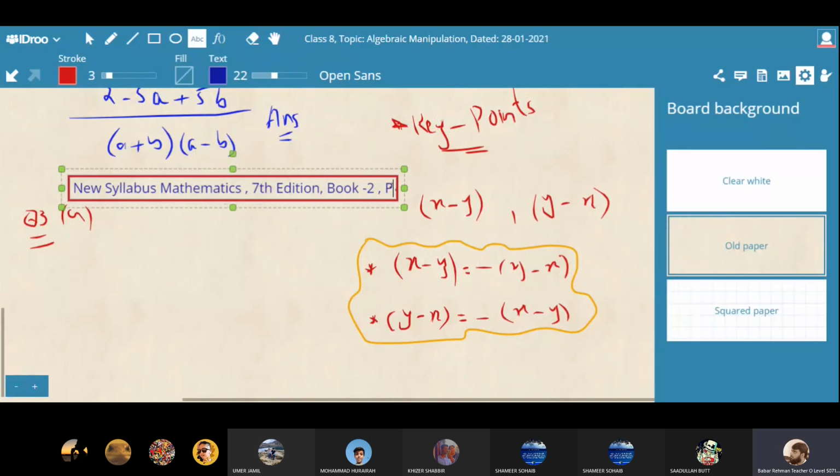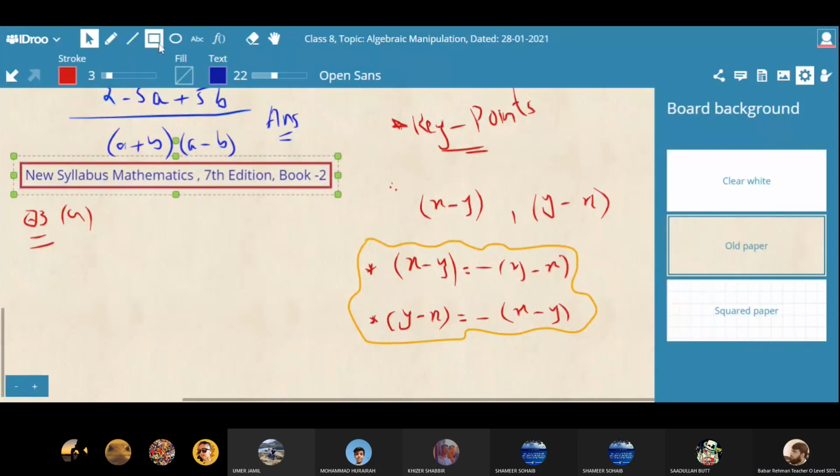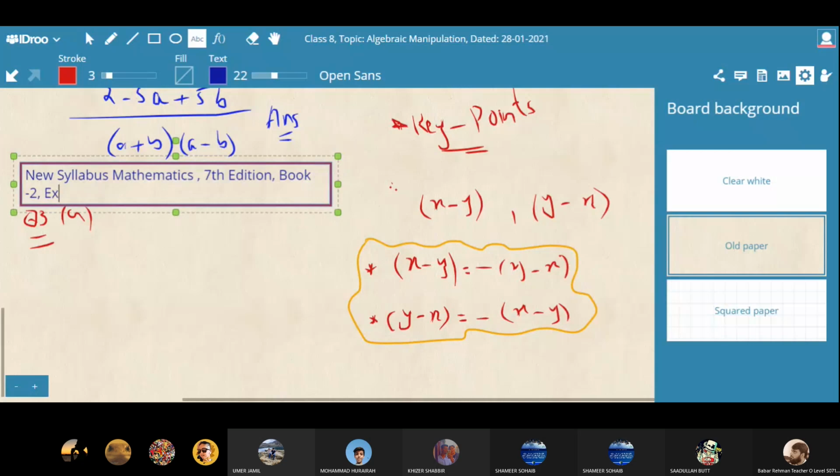What is the page number of this exercise 6b? Page number 170.